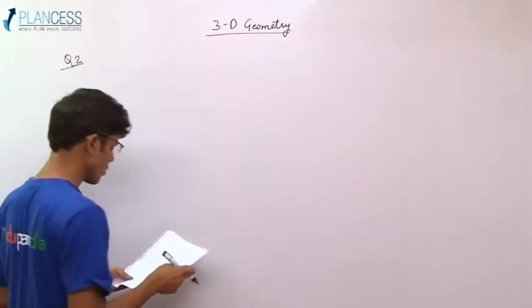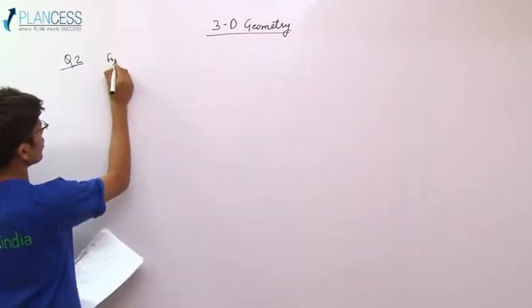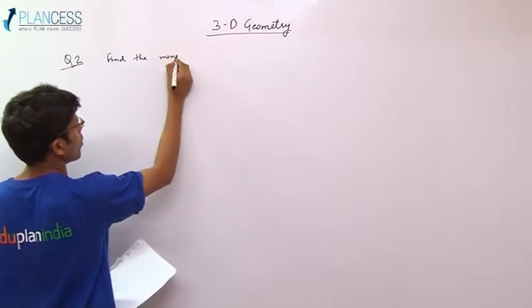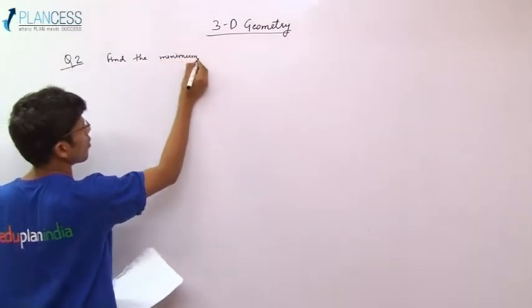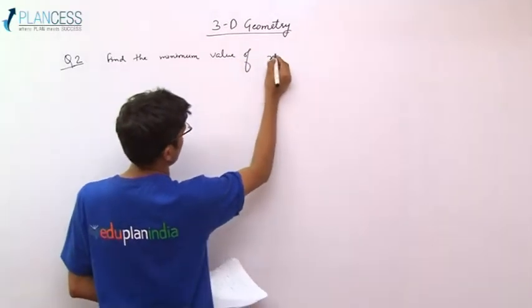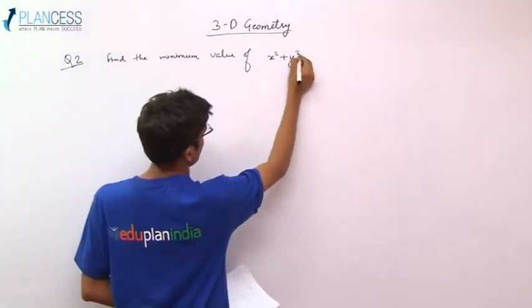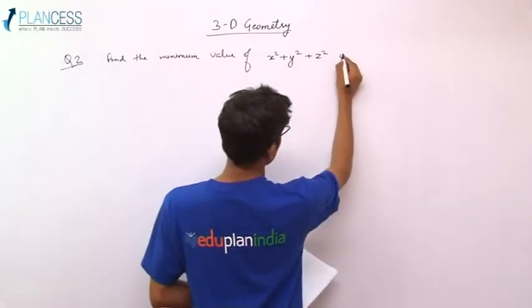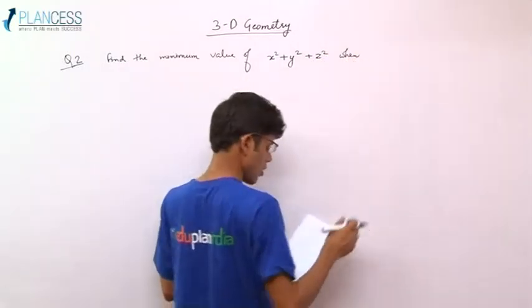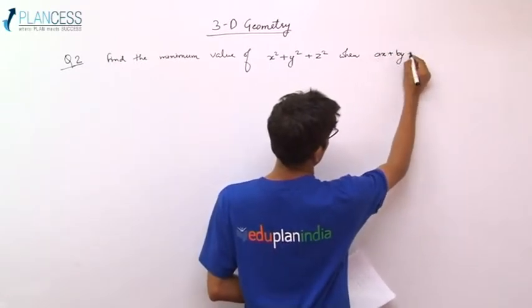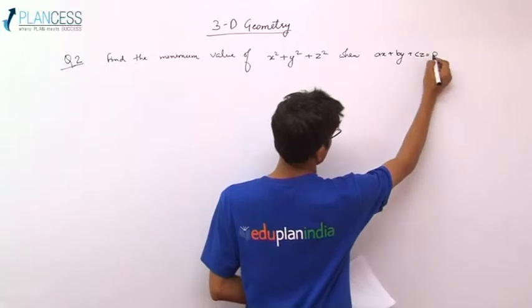The second question says: find the minimum value of x square plus y square plus z square when ax plus by plus cz equals p.